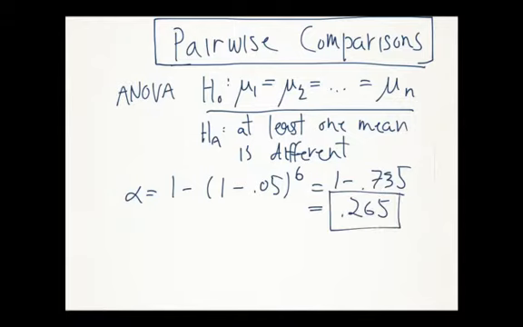And so now this 0.265 is much larger than 0.05. So that means if we're going to conduct 6 different tests, we're very likely to make a type 1 error, and so we want to avoid that.